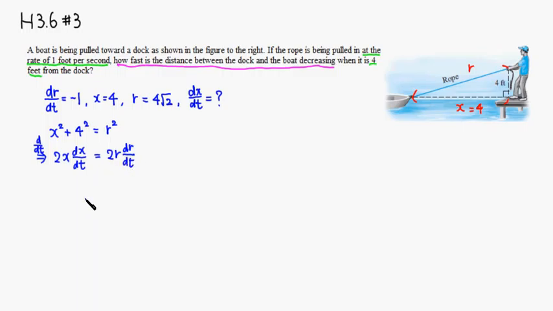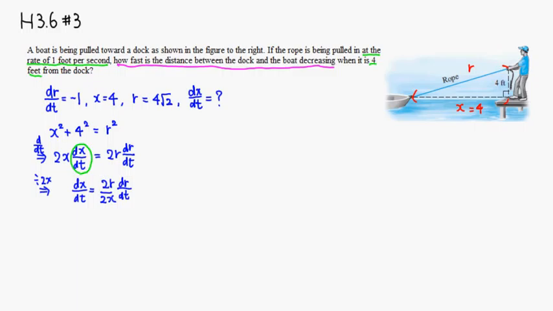Since what we're looking for is dx over dt, I'm going to isolate that by dividing through by 2x. So dx over dt is equal to 2r dr over dt divided by 2x.